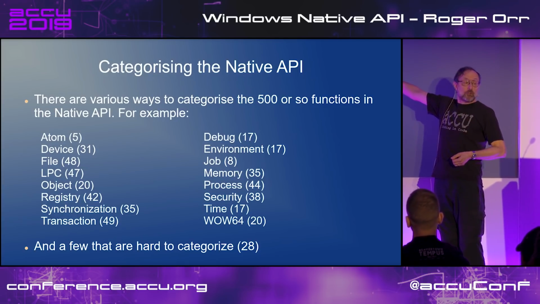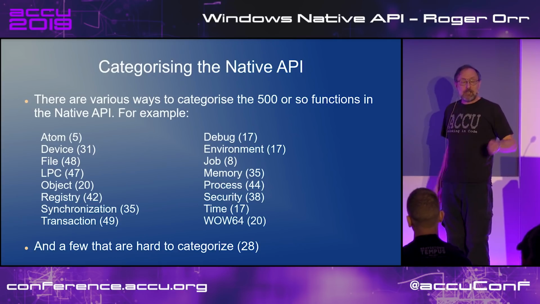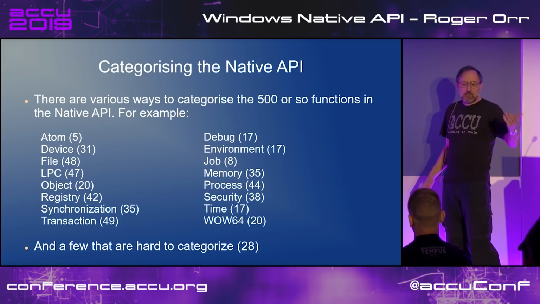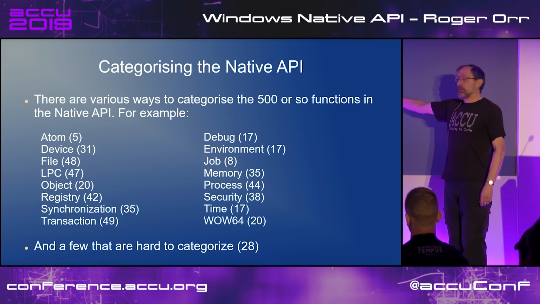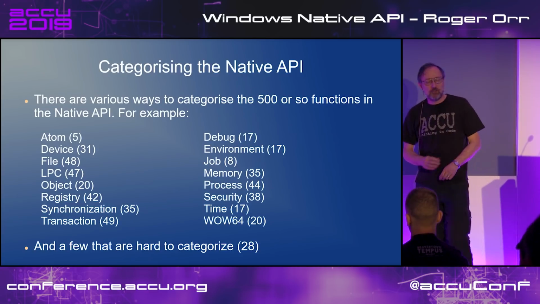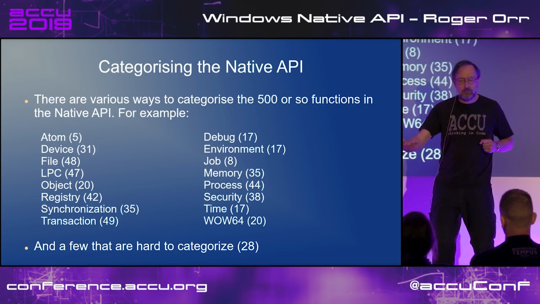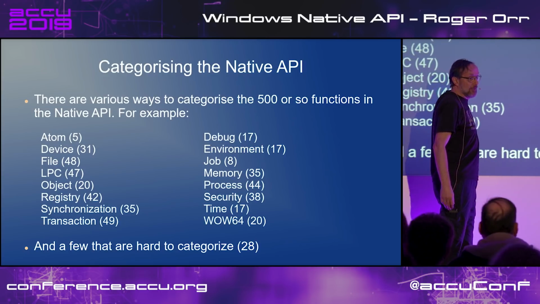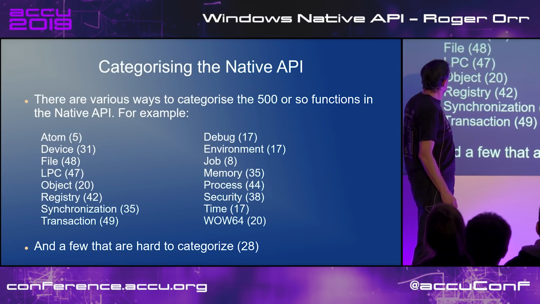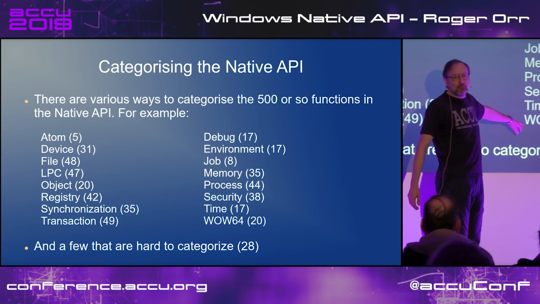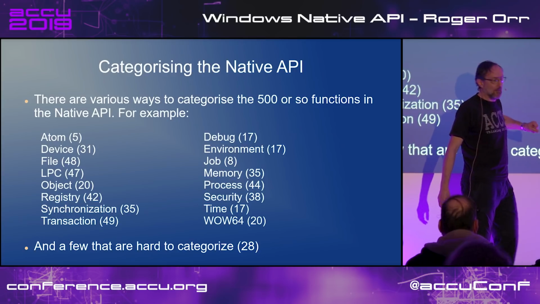There's quite a few calls to handle memory. Allocate memory, shared memory, deallocate memory. Security, quite a few. Process, you would be hardly surprised to know. Quite a lot of calls about processes, duplicate processes, create process, open process handles. Synchronization, the registry. You get the picture. And WOW64, I'll talk about that a bit more in a minute.